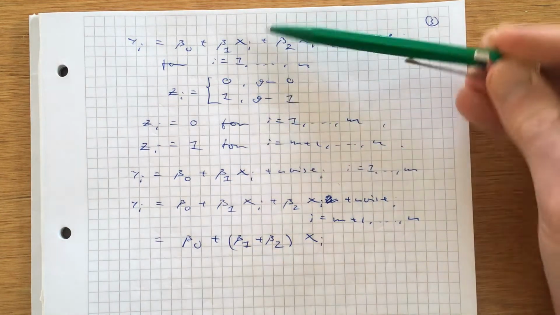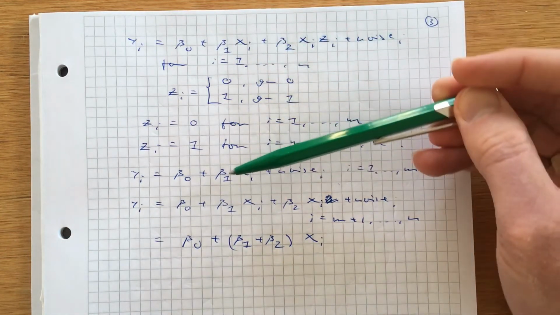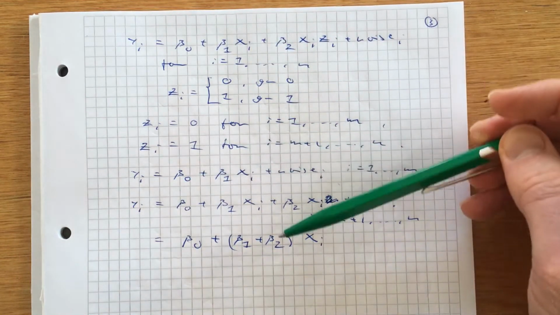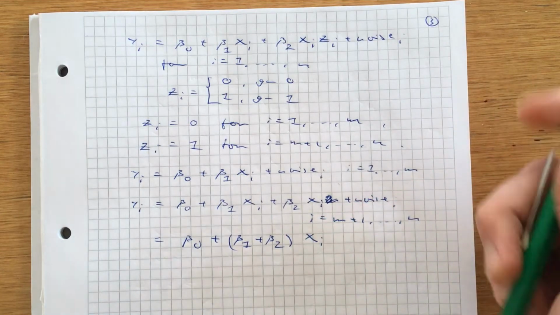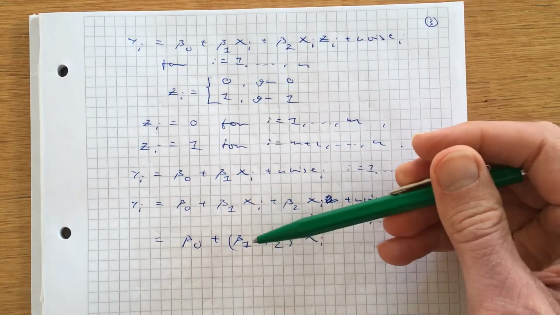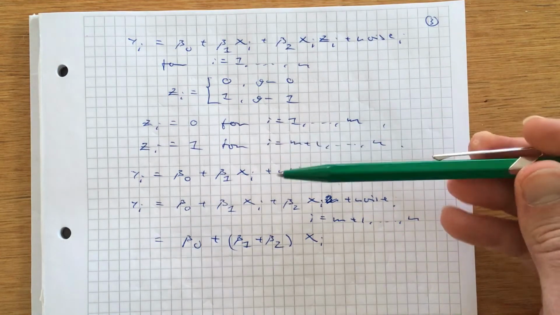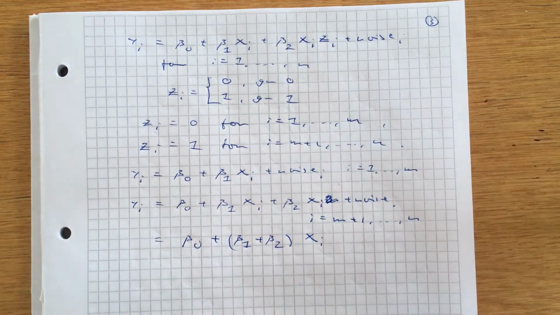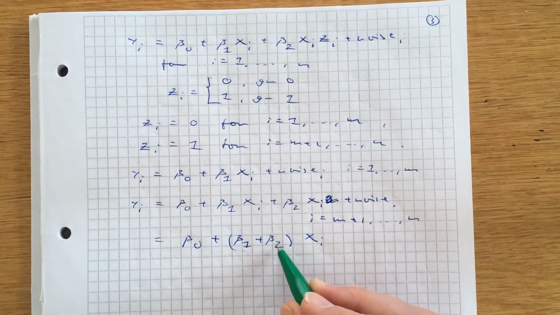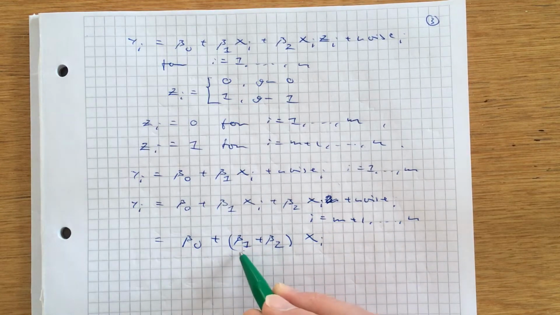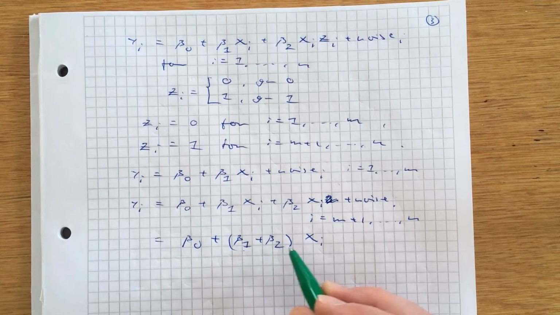So now we've written this model as a model for group 0 and as a model for group 1, and that makes it easier to see the difference between the two models. And it might be even easier, since beta 2 can be whatever, to write this as a new parameter if we want.